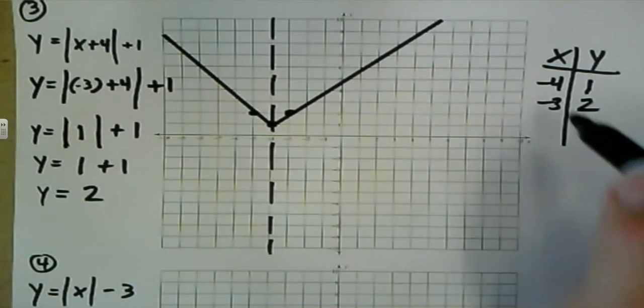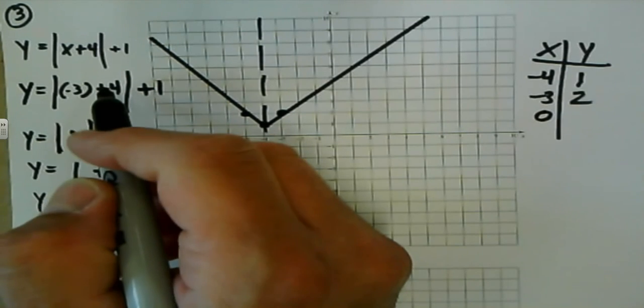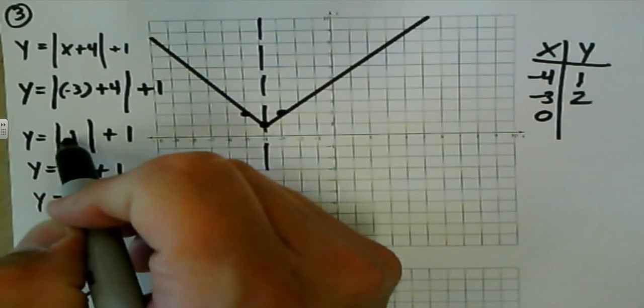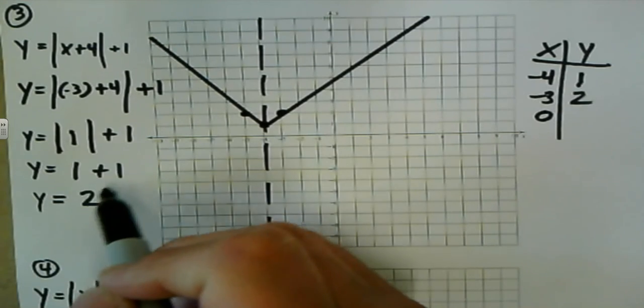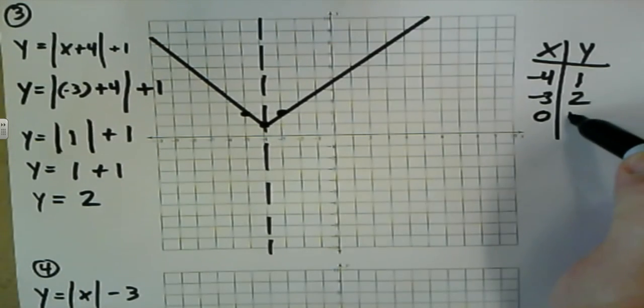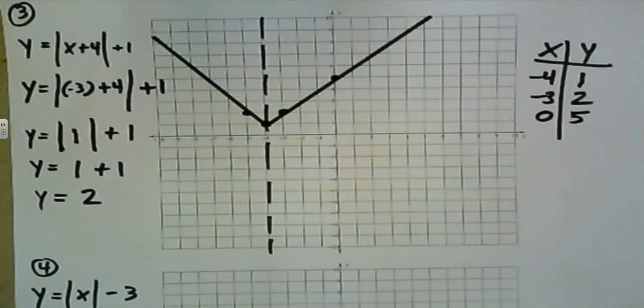Now, you're asking, Ms. Chavez, what about if I did go with 0? 0 plus 4 is what? 4. Absolute value of 4 is 4. 4 plus 1, 5. Here's 0, here's 5. See it?